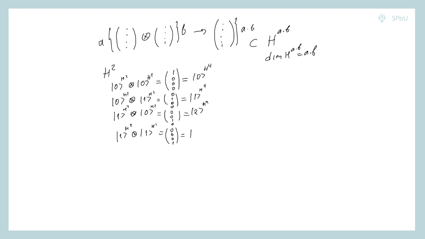And this is the state vector 3 of H4. So these four vectors are elements of the H4 Hilbert space, and we'll call them the computational basis of the Hilbert space.